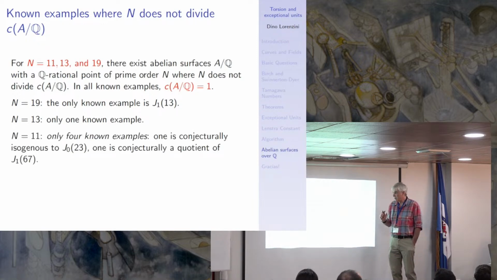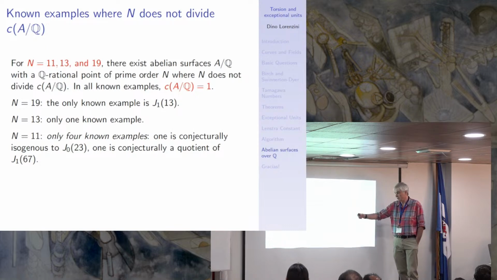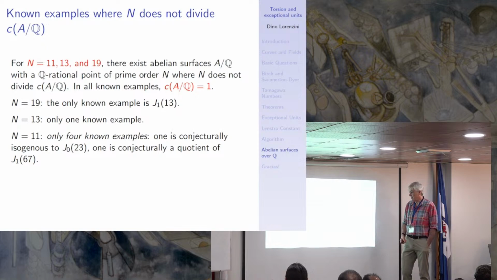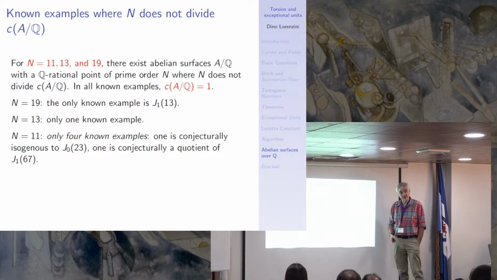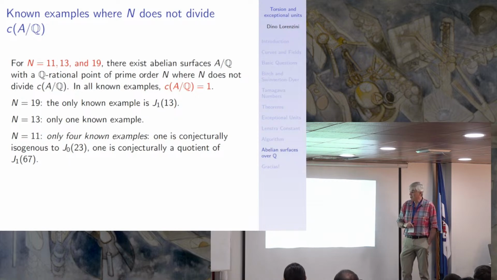For 11, we can do a little better. So I just wrote 2 down. One, you find one that is isogenous to J0 of 23. You find one that is a quotient of J1 of 67. Bruin sent me one that he had in his table. And then Flynn has a family of hyperelliptic curves of genus 2 with a point of order 11 in the Jacobian, and when you search in that family, you find one, and that's it.